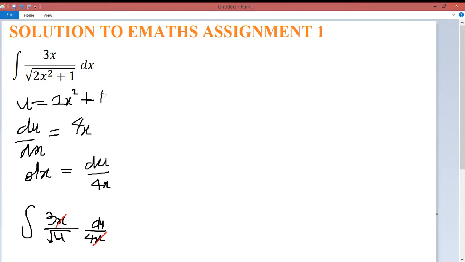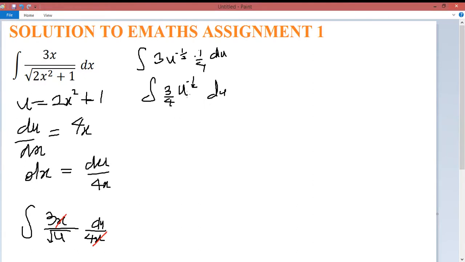So this becomes the integration of 3 u raised to the power minus half times 1/4 du, or better still, 3 over 4 u raised to the power minus half du.